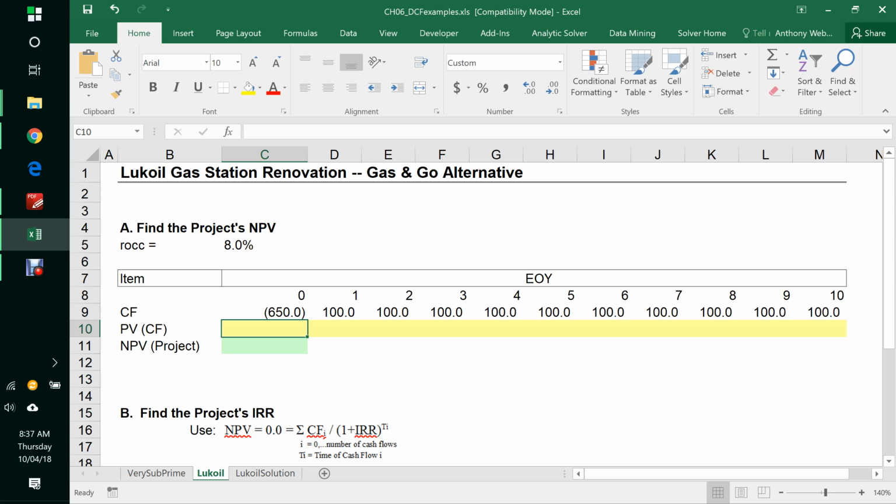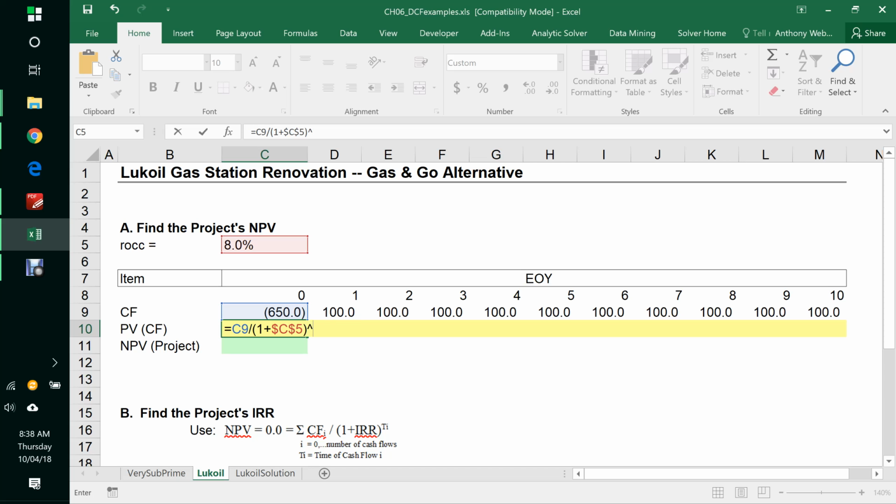We can't add them up until we do that. First, you've got to get them all on an apples-to-apples basis. Then we're going to add them up. So with the NPV method, I want to discount all of these cash flows, starting with this first one that happens at t equals 0, by the opportunity cost of capital. That's the way the NPV method works. So that's what I'm doing here.